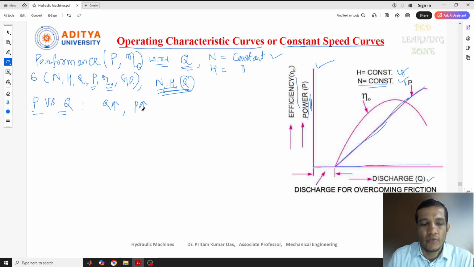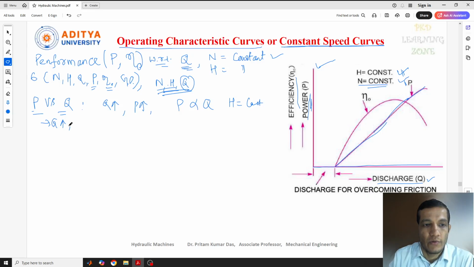So we can take a correlation: power is directly proportional to Q, discharge, and also directly proportional to head, but here the head is constant. So with head constant, P is directly proportional to Q. That means when the discharge is more, more water strikes the vanes, or more water strikes the runner blades.